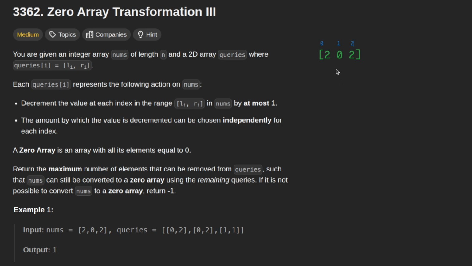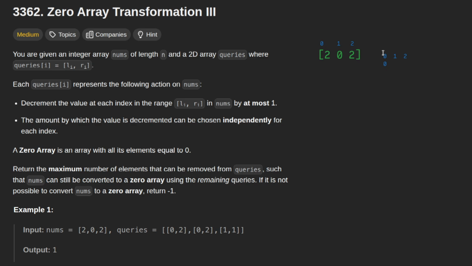This is my index. So after performing the first query, what is a query? It is clearly given that queries is a 2D array. That means if a query given here is 0 to 2, it says 0, 1, 2.